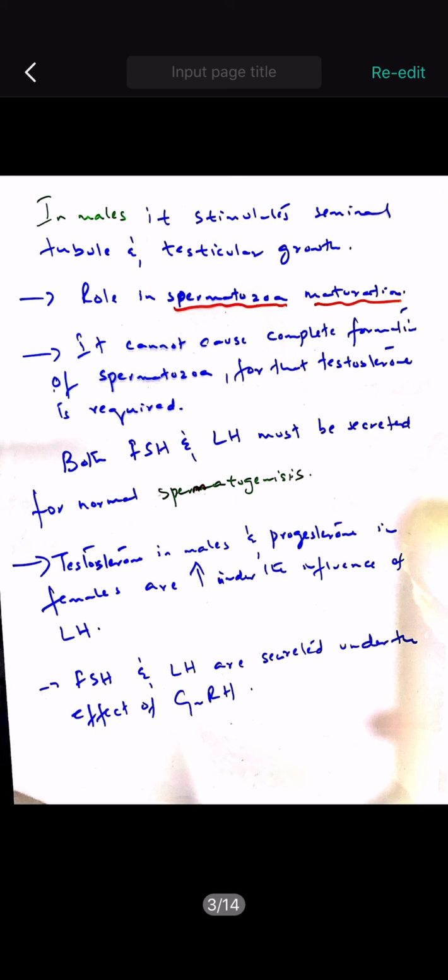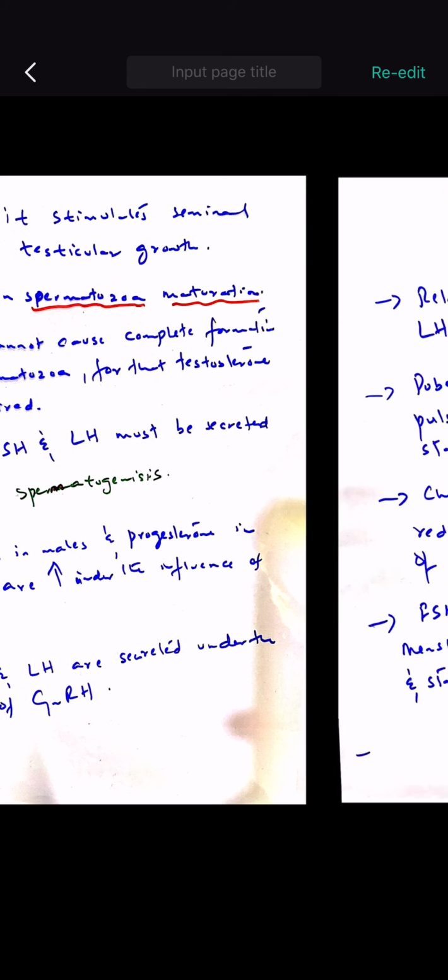Testosterone in males and progesterone in females are increased under the influence of LH. FSH and LH are secreted under the effect of gonadotropin releasing hormone. These are the common things between LH and FSH.